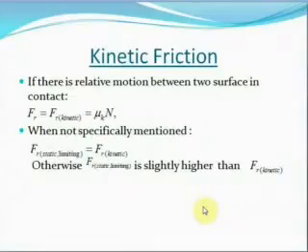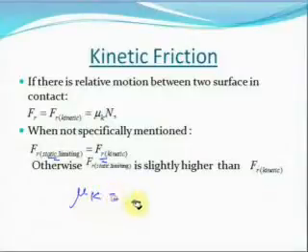Generally the value of static friction is slightly higher than the value of kinetic friction, but if nothing is specifically mentioned, then we can take the value of static friction as equal to the value of kinetic friction, which will mean that mu k is equal to mu s, that is, the coefficient of kinetic friction is equal to the coefficient of static friction.